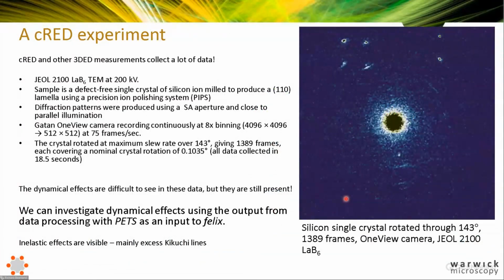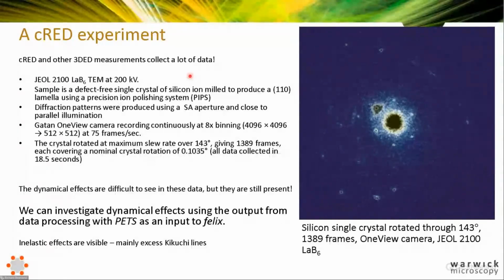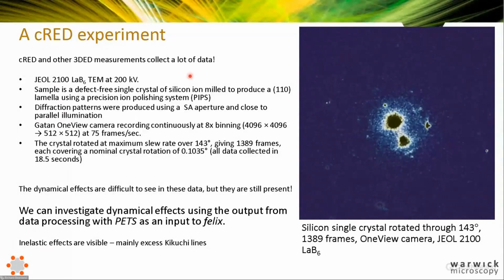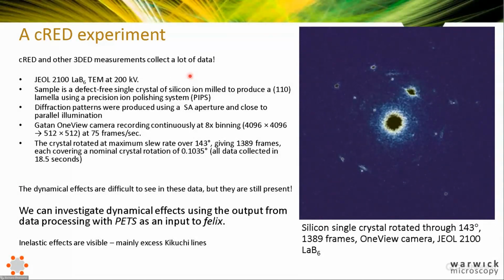Okay, let's try not to go on too long. So very briefly, I'm now starting to look at structure solution and continuous rotation diffraction. So this is continuous rotation diffraction data. Again, from the simplest thing we could think of, which in this case is silicon, a nice, completely defect-free piece of silicon.